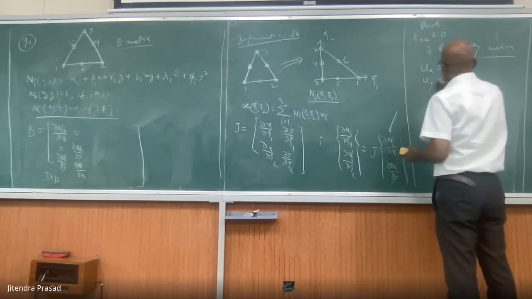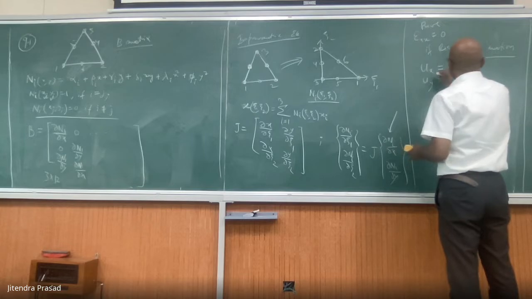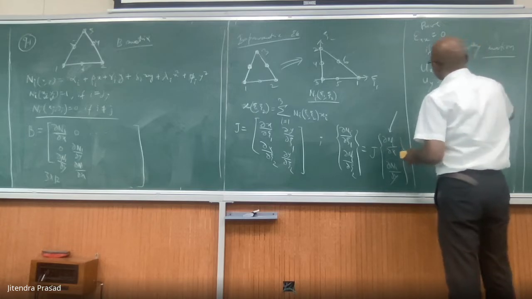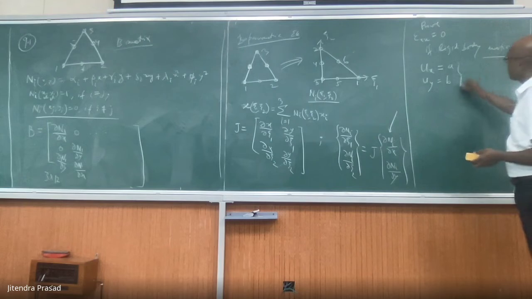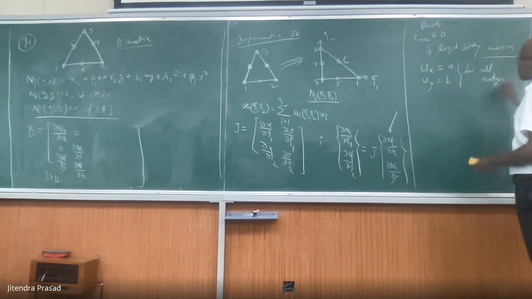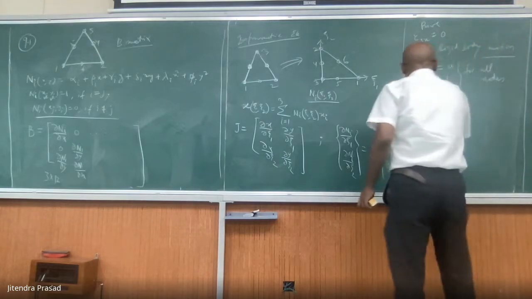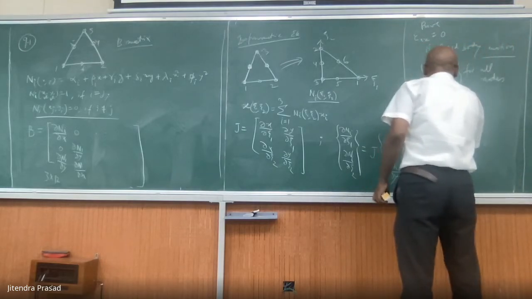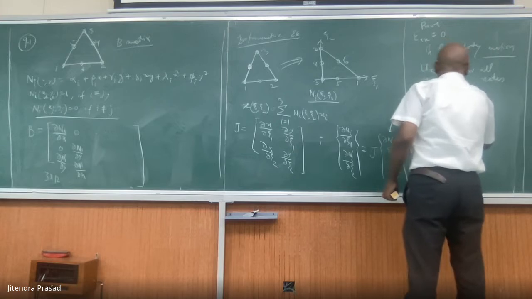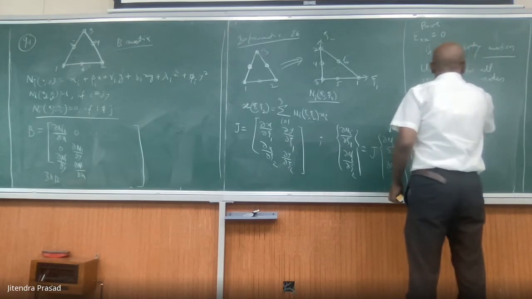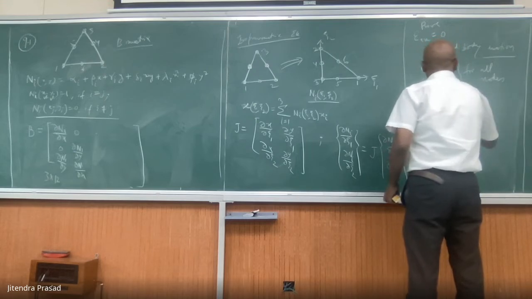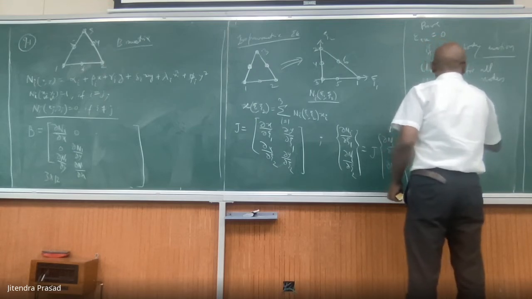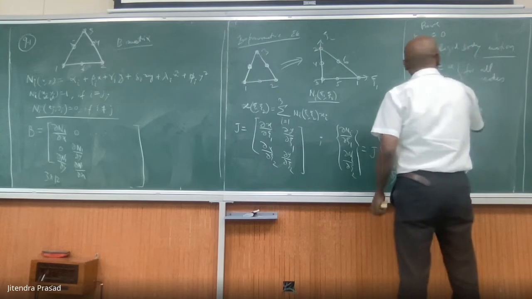Ux equal to constant, uy equal to another constant. So let's say ux equal to a, uy equal to b for all nodes. So the original triangle which is here changes, it goes here, such that this all is parallel.